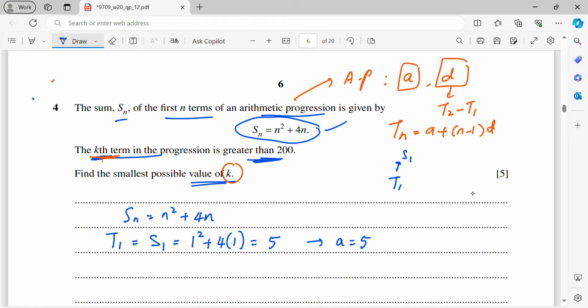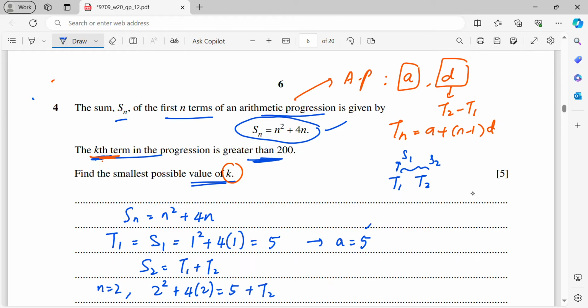Now, S2 means the sum of the first two terms, that means it will be T1 plus T2. Since my T1 is 5, when n equals 2, 2 squared plus 4 times 2 equals 5 plus T2.